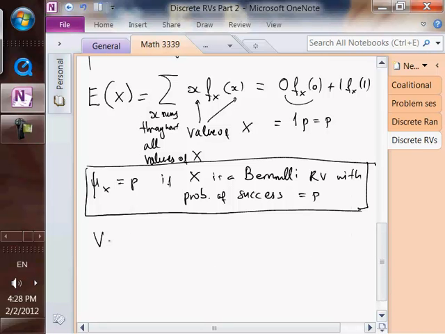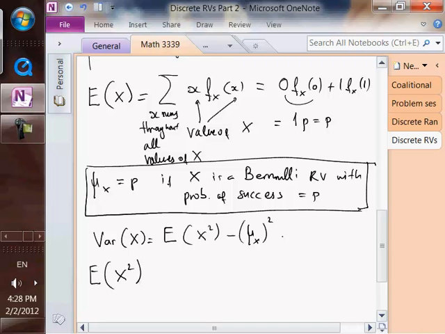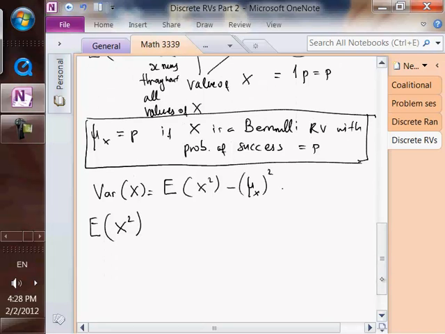First, we have to find the variance. What is the variance of x? Well, the variance of x is the expectation of x squared minus the square of the mean. Well, let's find the expectation of x squared. I haven't taught you how to do this, but this is exactly by definition. That's the definition of the second. This is called, by the way, the second moment of x. And that's the definition of the second moment.